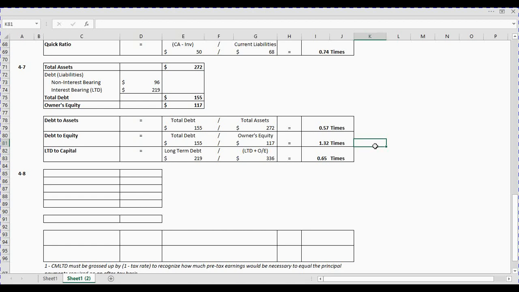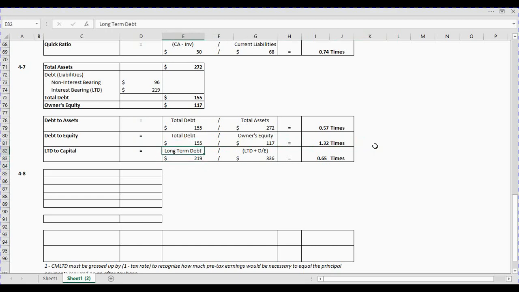But most operating businesses are somewhere between 1 times, which would mean that the debt and the equity are about the same amount, up to 2 times, which would be twice as much debt as equity, on up to 3 times, where we start getting into the highly leveraged zone for an operating company. That kind of gives you a sense of what a good number is versus a challenging number.